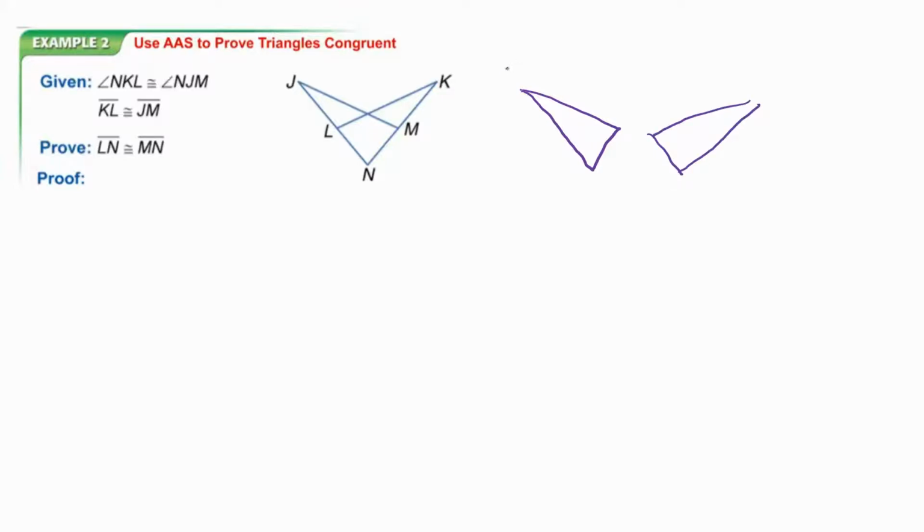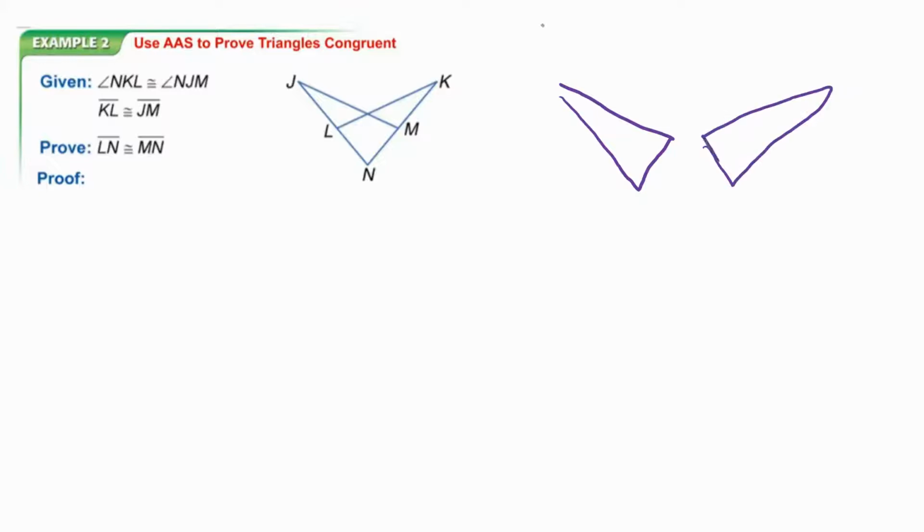So we have triangle JMN and triangle LKN. So we have the two triangles, and we have J, M, and N, L, N, and K.